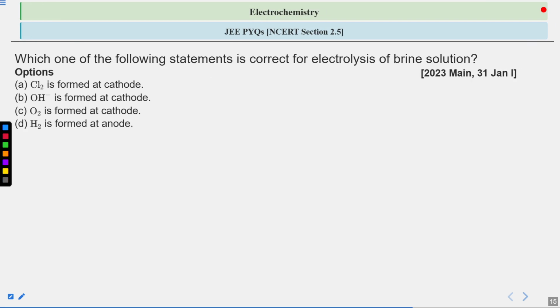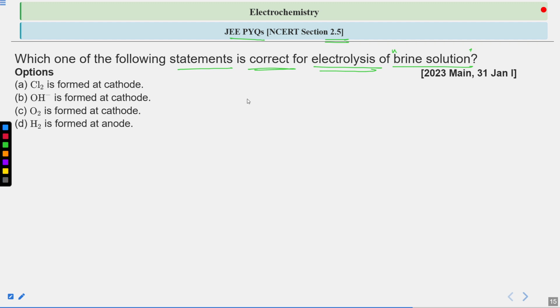Again, this is a JEE PYQ and it is covering NCERT section 2.5 from the chapter Electrochemistry. The question says: which one of the following statements is the correct one for the electrolysis of brine solution? So we are asking about the correct statement for the electrolysis process of the brine solution.